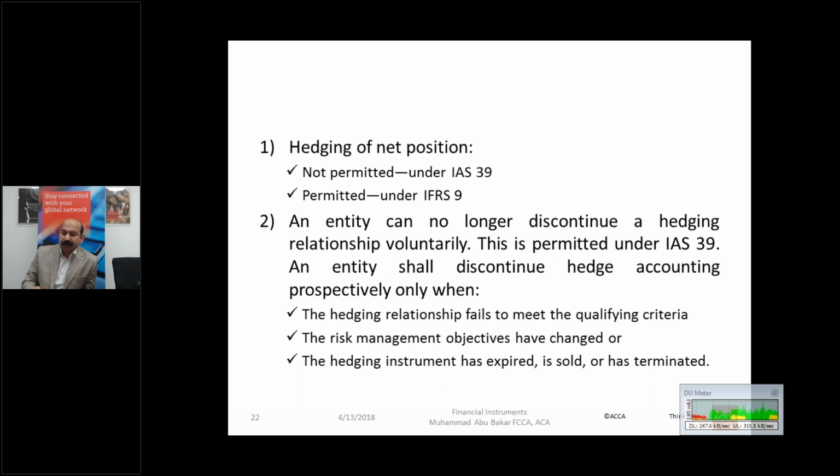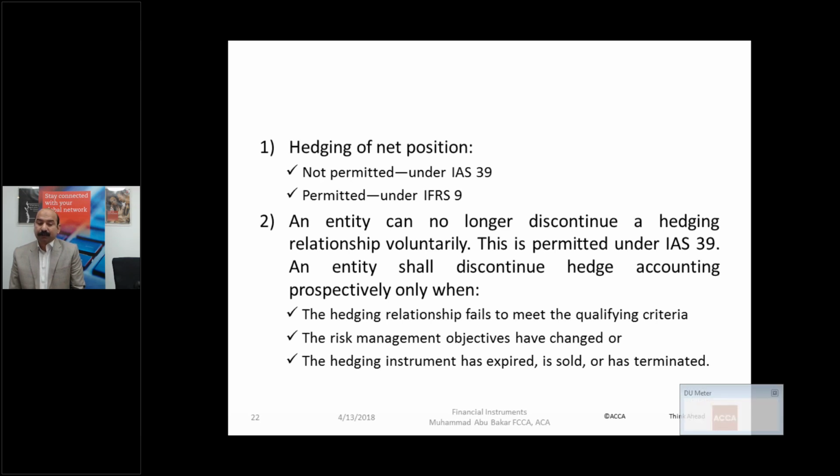Then there are some new requirements, like an entity can no longer discontinue a hedging relationship voluntarily. This was permitted under IAS 39. Now you cannot. An entity shall discontinue hedge accounting prospectively only when the hedging relationship fails to meet the qualifying criteria. If it continues to meet the qualifying criteria, then you cannot discontinue.